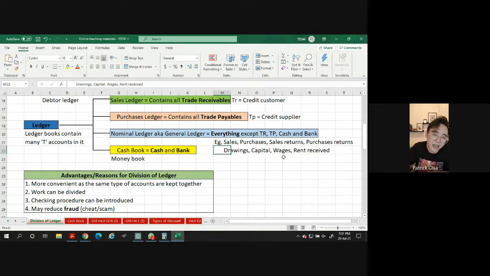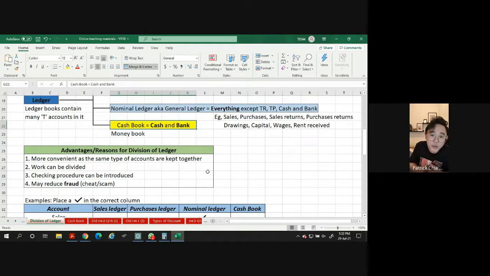Computer account, furniture account, whatever you can name, they are all found inside the nominal ledger. Technically everything except for TR, TP, cash and bank. Why? Because TR already has one book, called the sales ledger. TP is the purchase ledger, and then the cash book is our money book, which contains cash and bank.